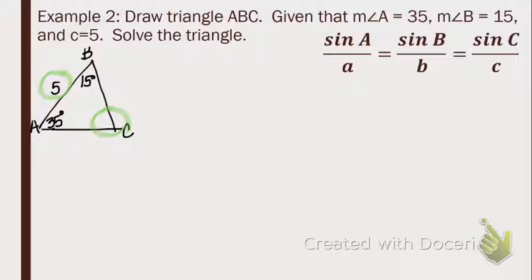So angle C is going to be 180 minus 35 minus 15. So that's your first step, is to find angle C. And after you find angle C, you can easily find little a and little b.